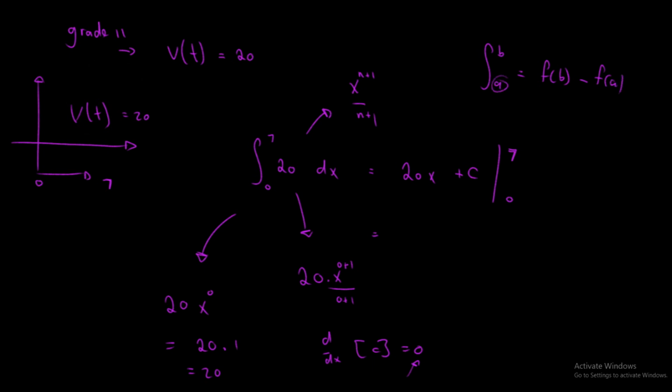So I can now say, well, 20 multiplied by 7, and I can subtract this from 20 multiplied by 0. And all of a sudden, after using integration, I get 140 kilometers again.